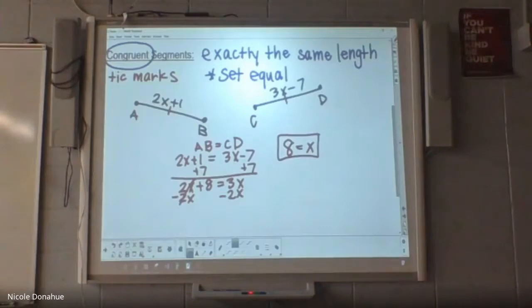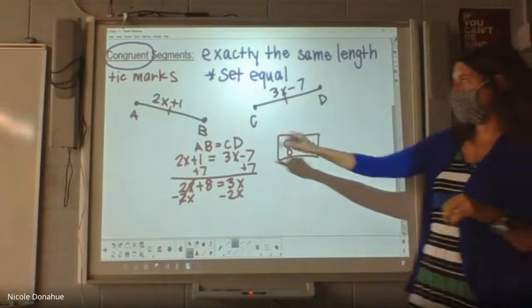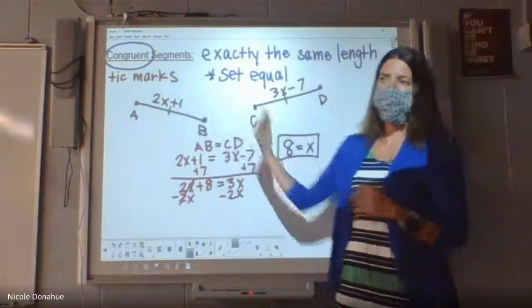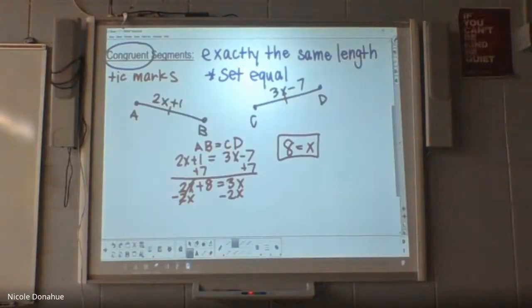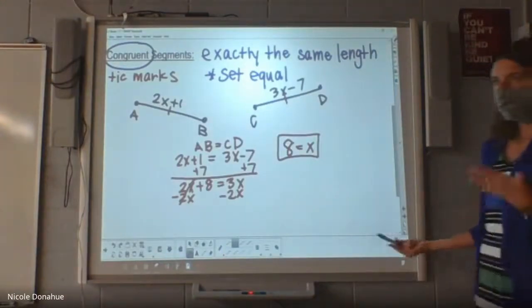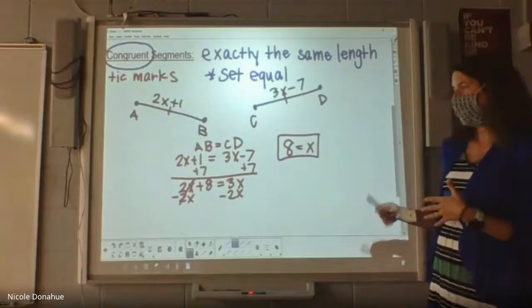Now, what if I wanted to know the length of AB? Can I figure that out now? Yeah, now we know what x is, so we can put that in for x and figure out the length of AB and the length of CD, which should be the same length. This is a great example of why we want to check our answers in algebra.